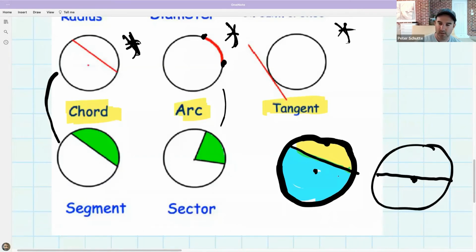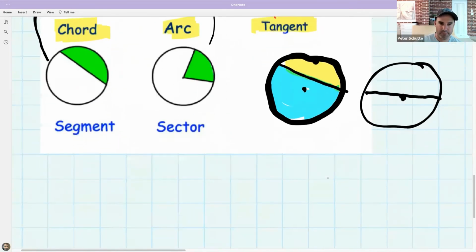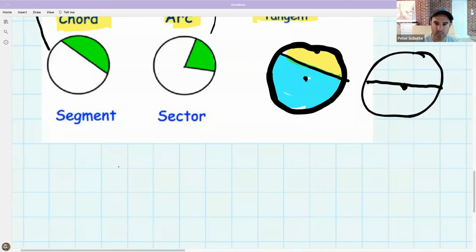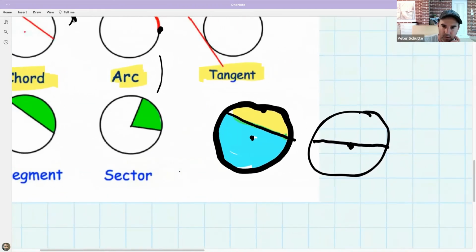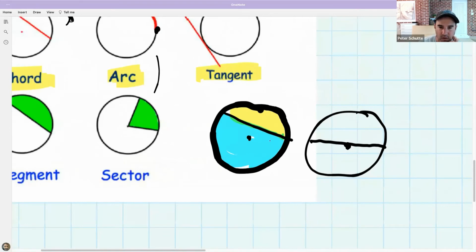Sir, do you mind if I just jump in here as well? If we define a segment as basically a chord and an arc that makes a section, and you say, for instance, on the right-hand image, the last image you drew, the segment goes to the center, then technically that's not a segment, that should be a diameter, correct?